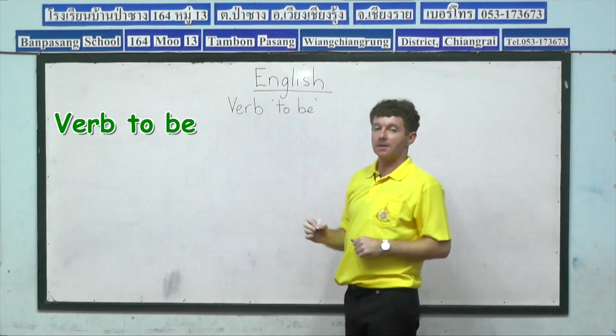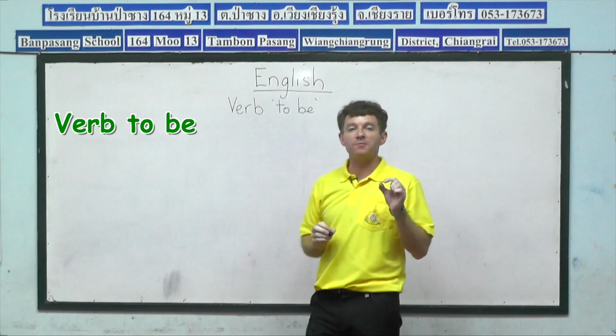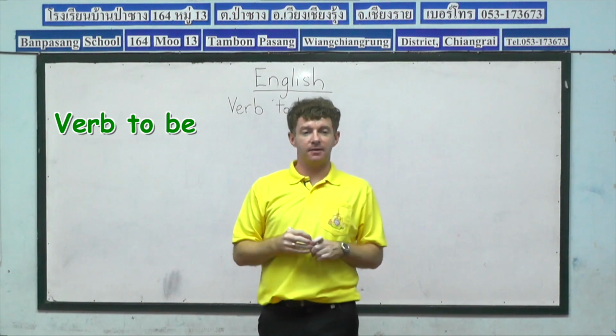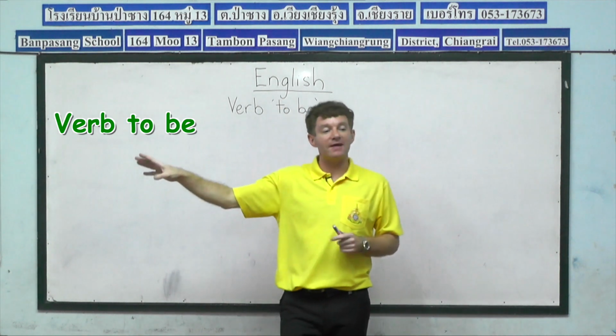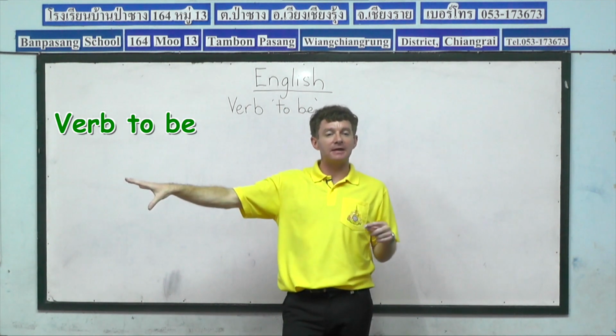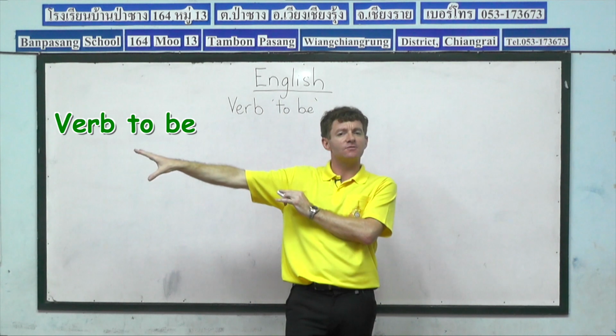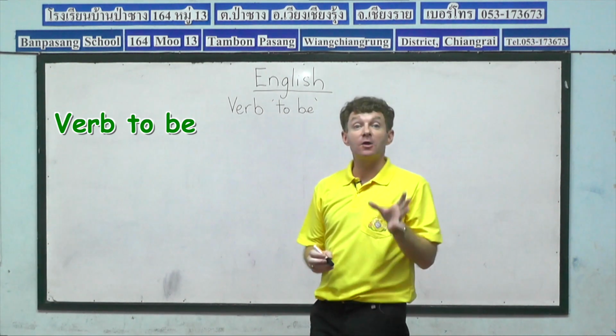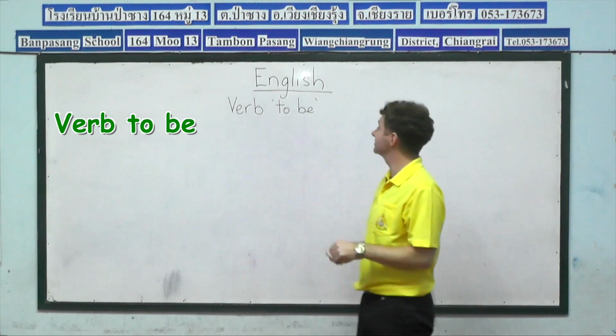T-O-B-E. And in the last couple of lessons, we've been looking at the verb to be in a certain type of way. When we've done something already, or an action has been completed, what type of tense do we call it? Past tense. Excellent, Dan. We call it the past tense.